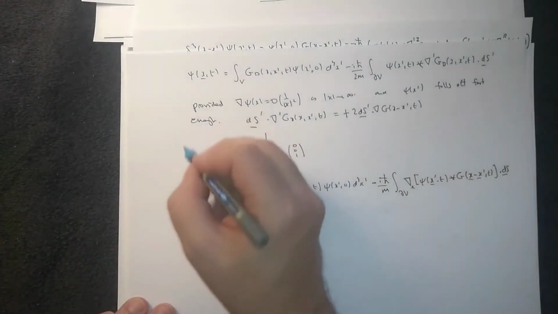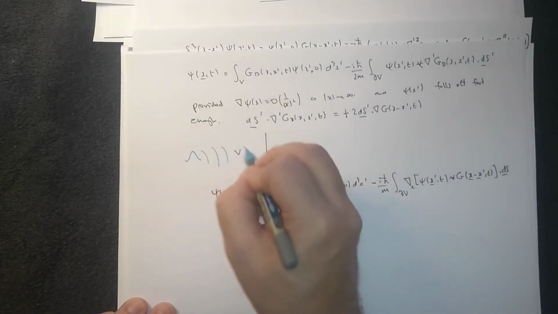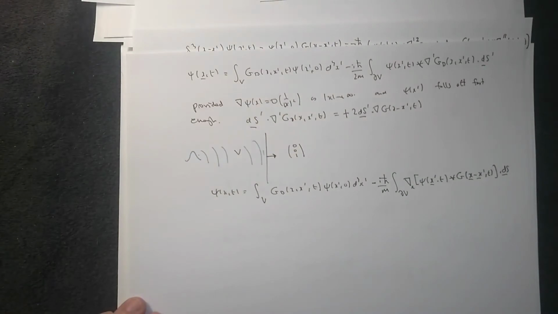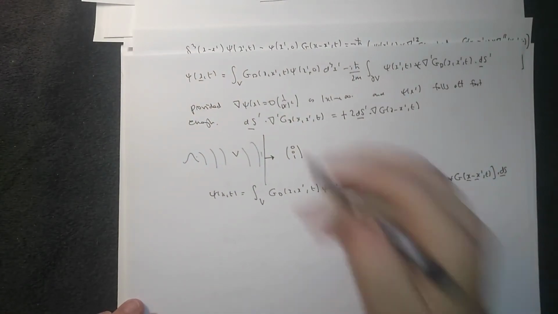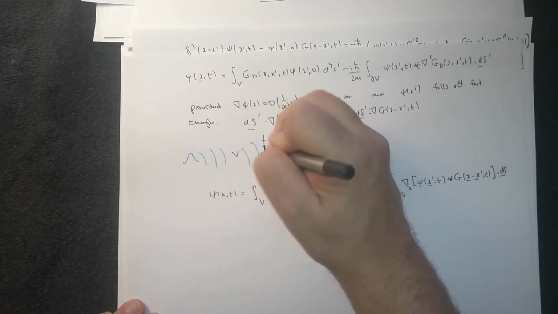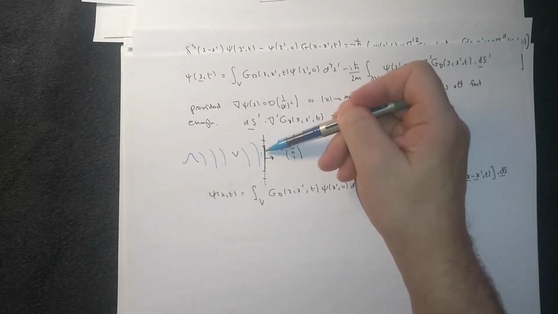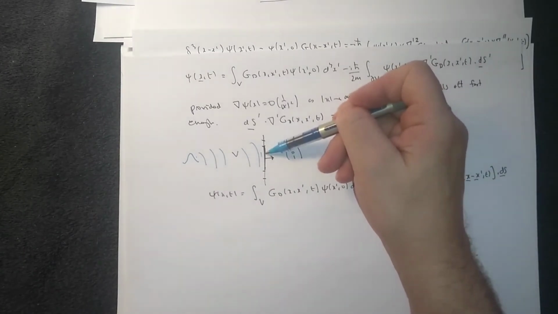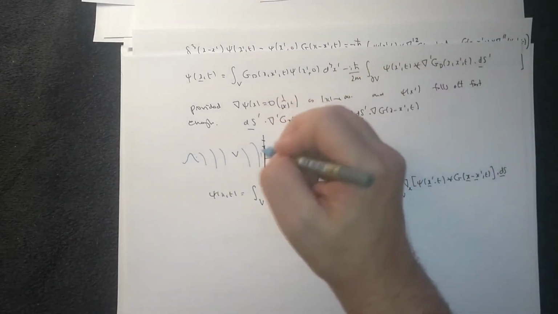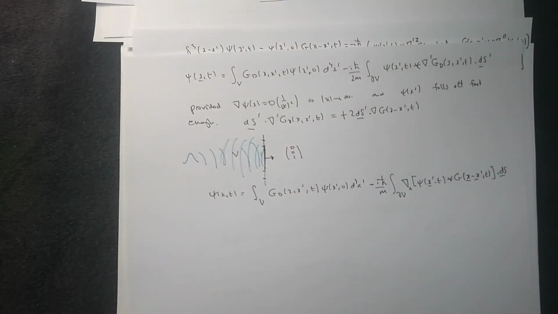So we have our initial Gaussian. This goes here. We might have some slits here. If we were to have the boundary condition that the wave function vanishes on here, then we get total reflection.